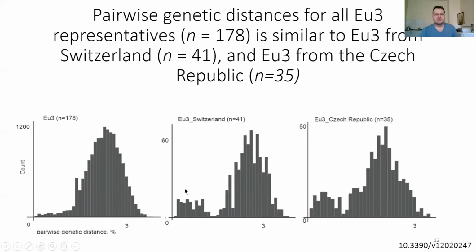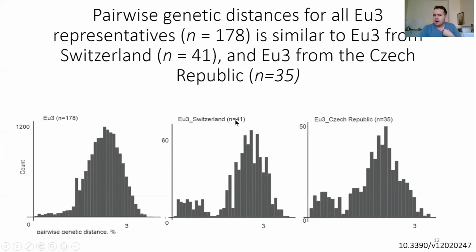And the same situation holds for all European subtypes that are distributed in Irkutsk region, in Germany, in Austria, in South Korea, for example. And the distribution of these pairwise genetic distances is the same as for viruses isolated only in Switzerland, for example.